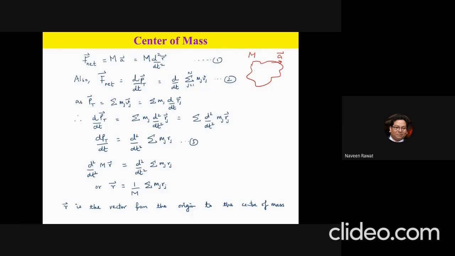Okay, so now we are trying to find that one position in this object, from some frame of reference. So this will be our frame of reference, and this point that we are looking at is your r value, the position of this object with respect to some frame of reference. Okay, we also know that the net force is the change in the momentum, which is the total momentum of the system.